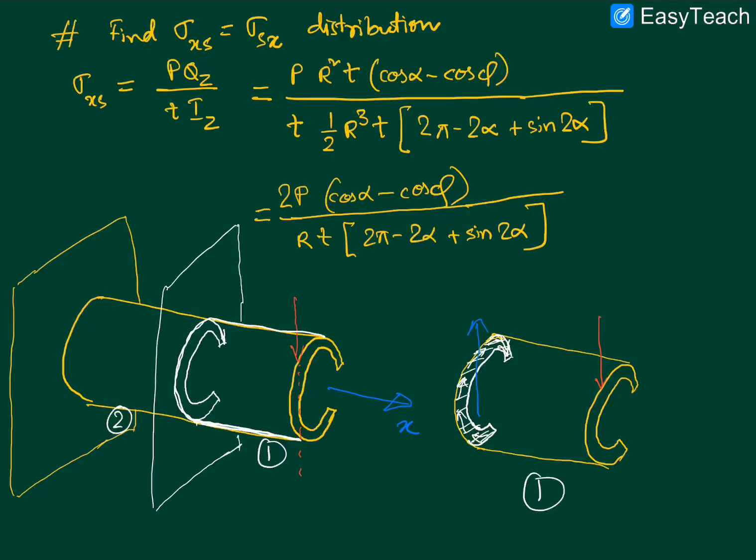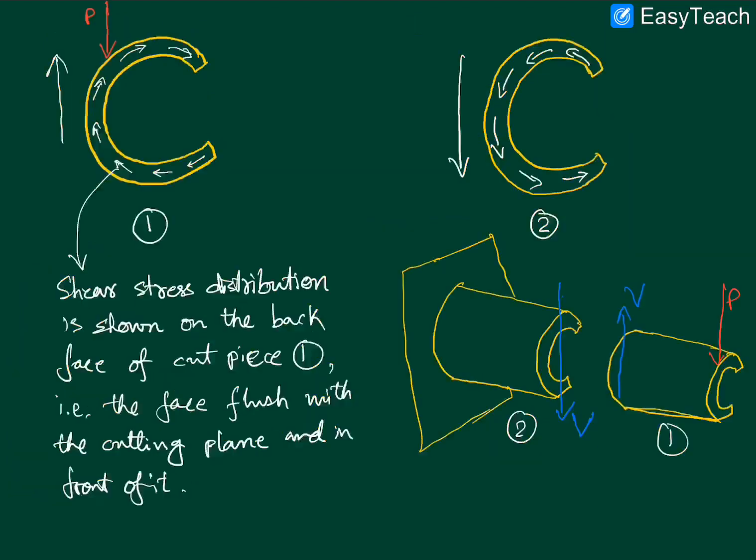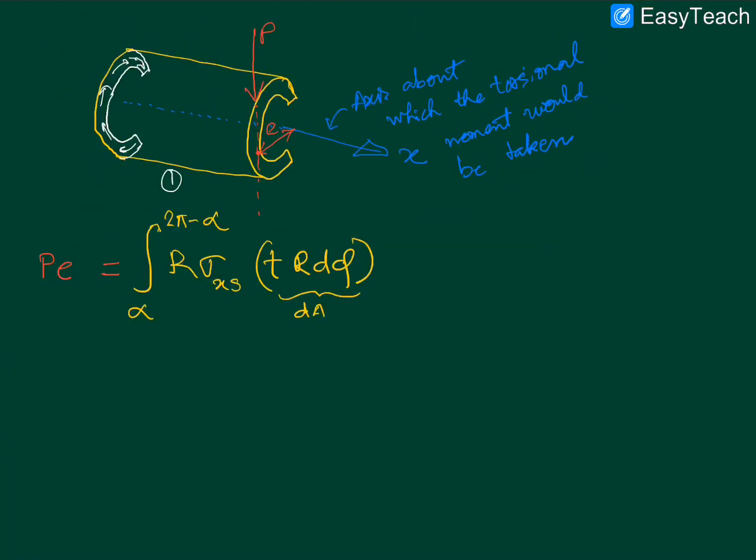This big expression that we had found out for the sigma xs, we have to substitute it there and carry out the integration. I'll not go through the intricate steps here, and I trust everyone will be able to do this.